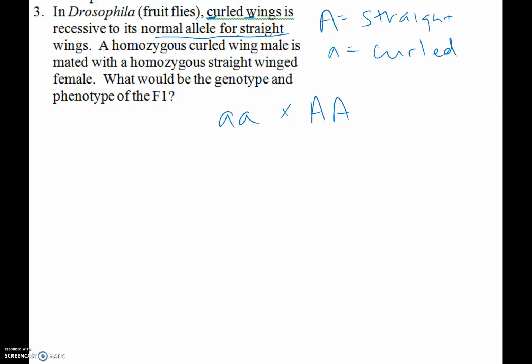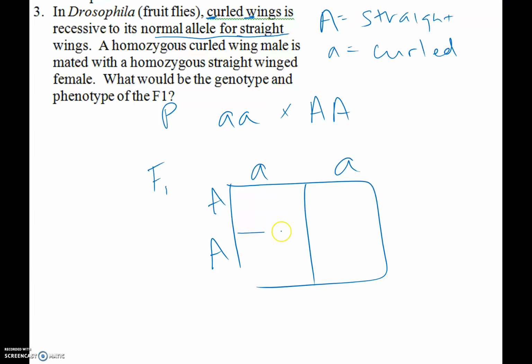What would the genotype and phenotype be of the F1? So here's our parental generation. Then our F1 cross. Ooh, all of our F1 are heterozygous, and they have straight wings.